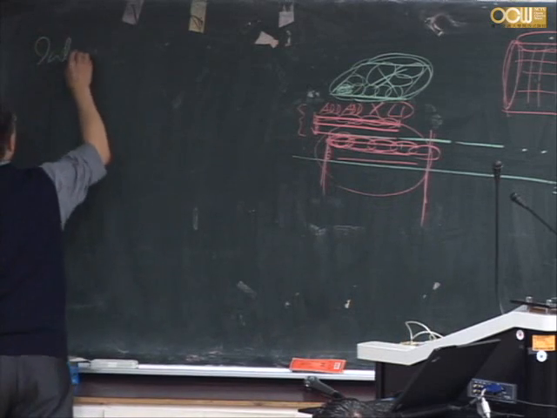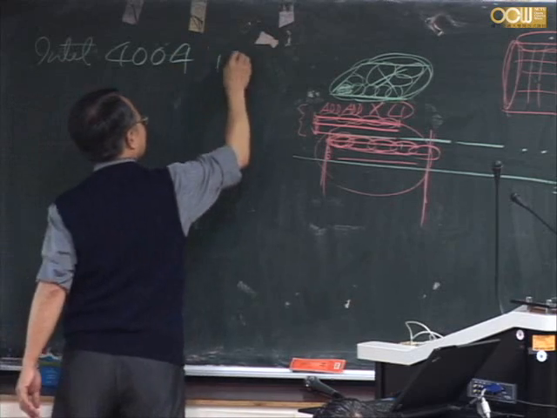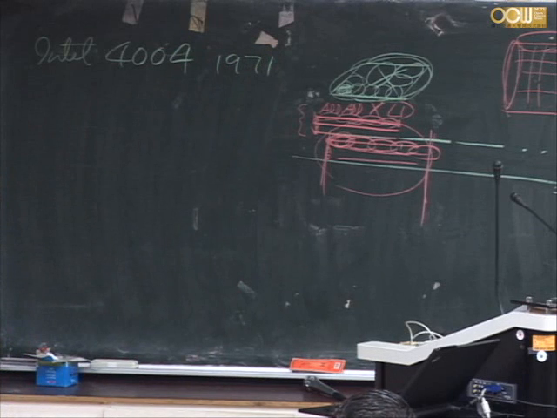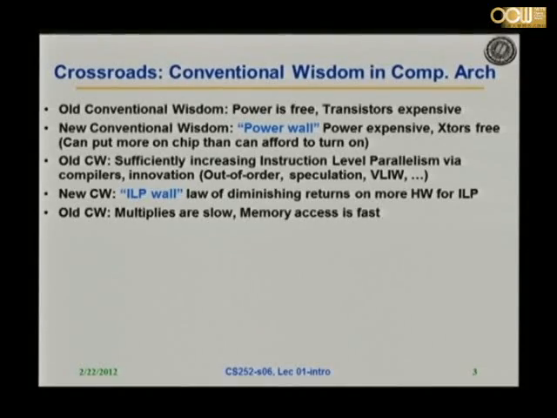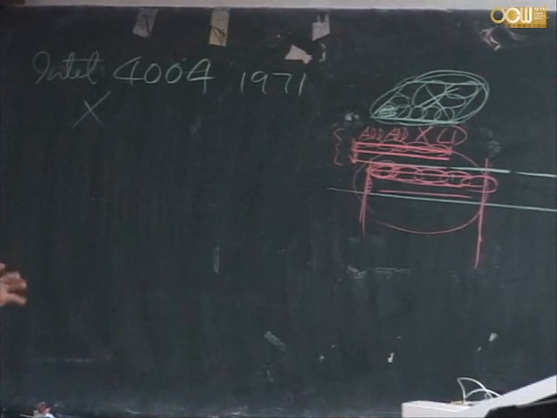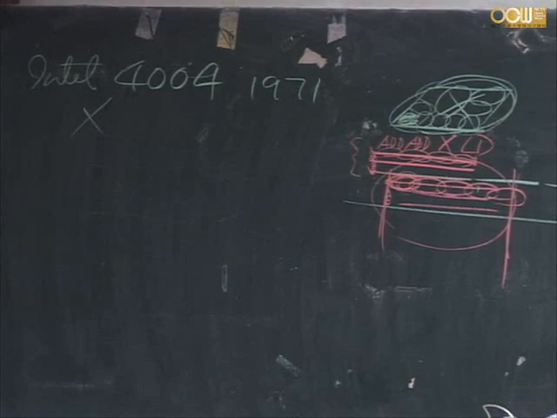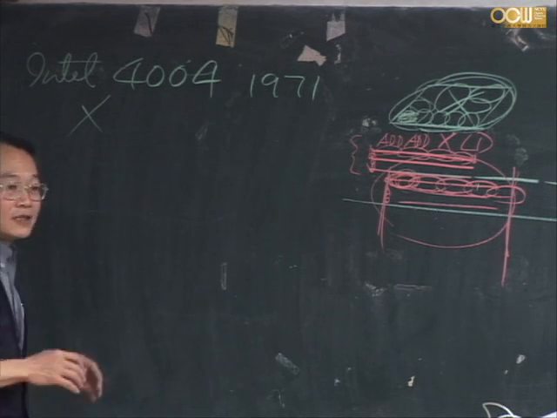Intel 4004 in 1971: 29,000 transistors. Only so few transistors. So this thing can actually do very little. It can do only very simple data movement and arithmetic, logic operations.